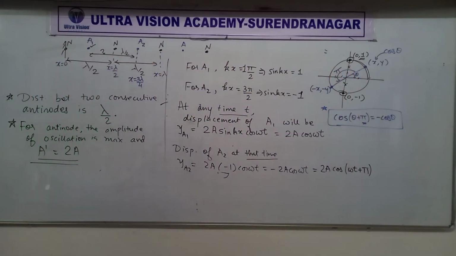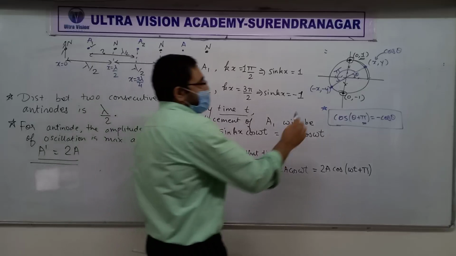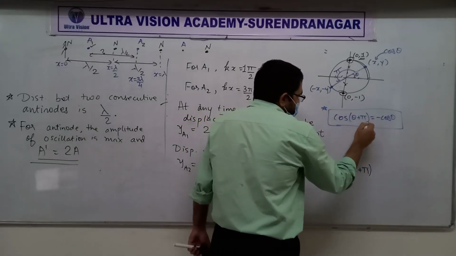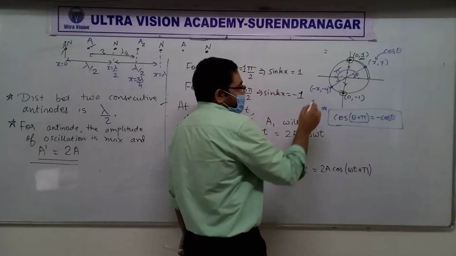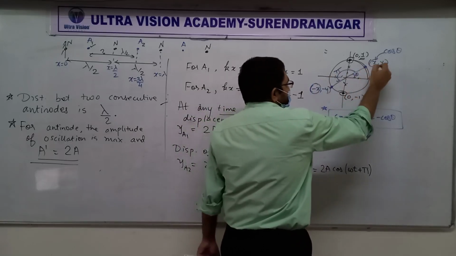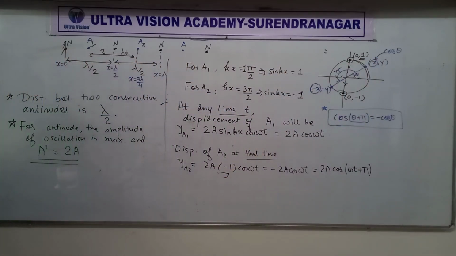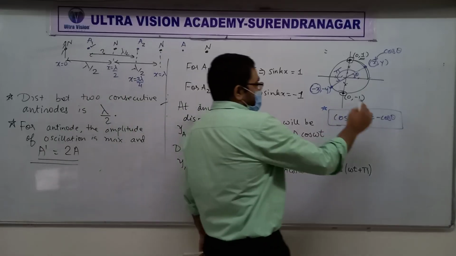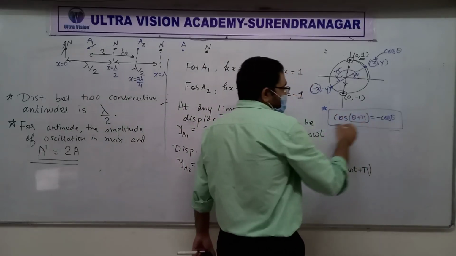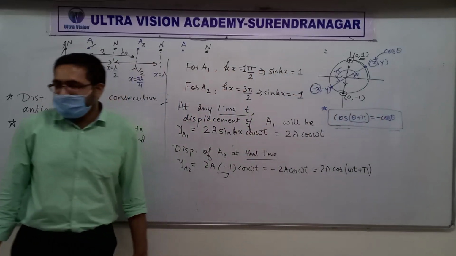What does that mean? That when you take the angle as theta plus pi, the x coordinate becomes negative. Clear? And that is why we have this formula.